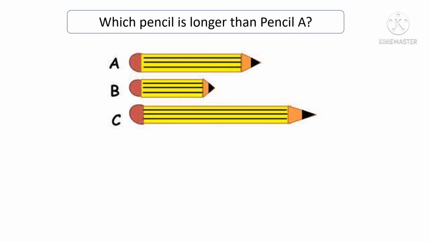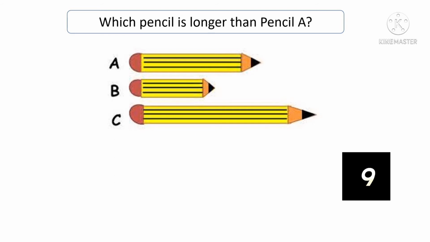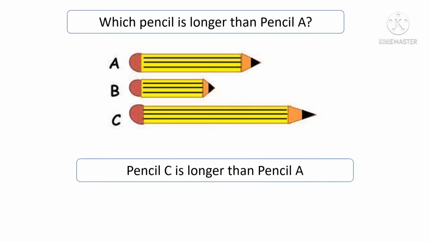Is it B or C? C. Pencil C is longer than pencil A.